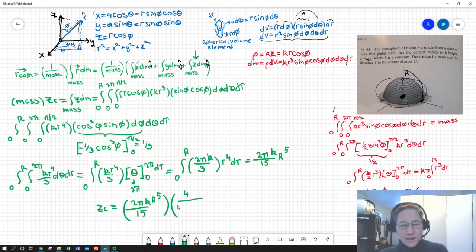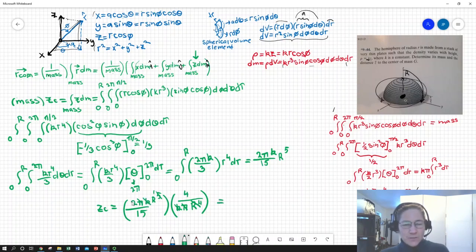This will make it easier to cancel. k pi r to the 4th, and we're going to hope to goodness that we get something in linear units, because we need a position on the z-axis. So our pi's will cancel. All of our r's cancel except 1. K's will cancel.